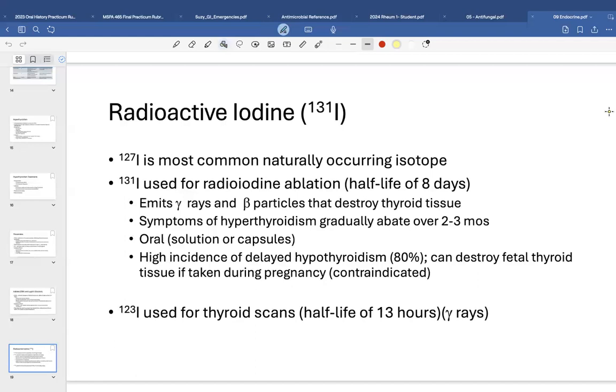Radioactive iodine is pretty consistent in terms of where it concentrates. Those gamma and beta particles will basically destroy thyroid tissue fairly selectively. With short-term treatment, we will see a reduction in hyperthyroidism over 2 to 3 months.